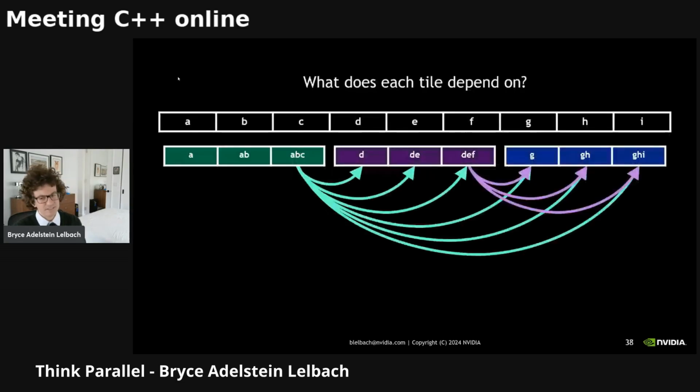Applying these principles to scan, we must think about what each tile actually depends on. Does every tile need to wait for all tiles to finish before proceeding? No, we only need to wait for the tiles preceding us to finish. So let's implement scan a second time, this time using a scalable strategy called decoupled lookback.